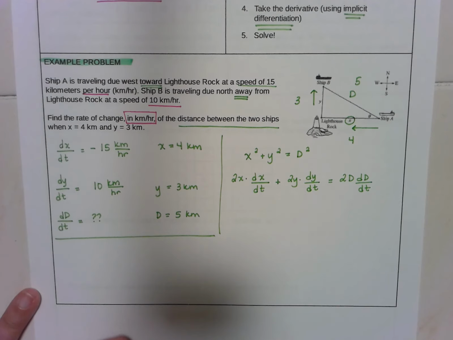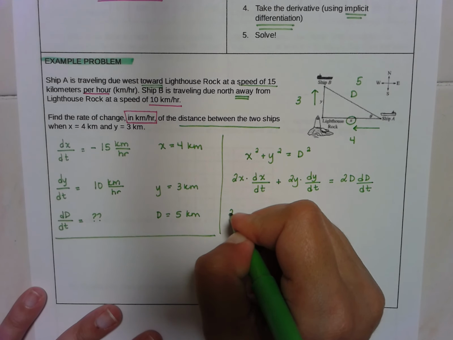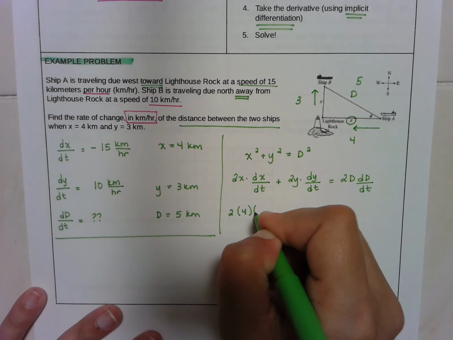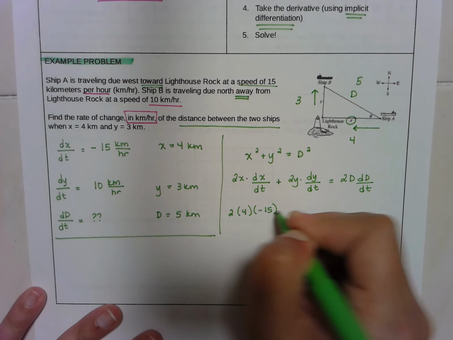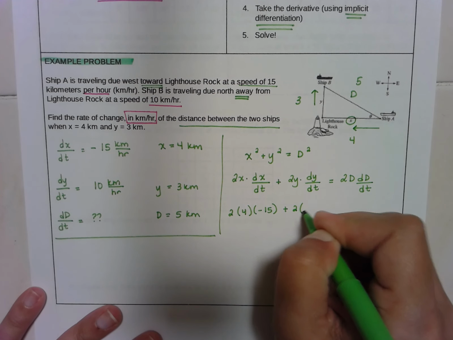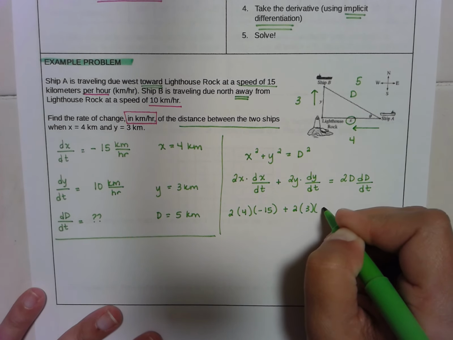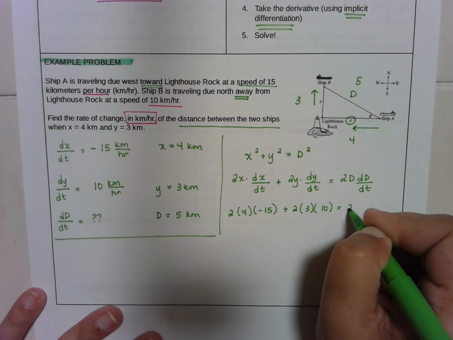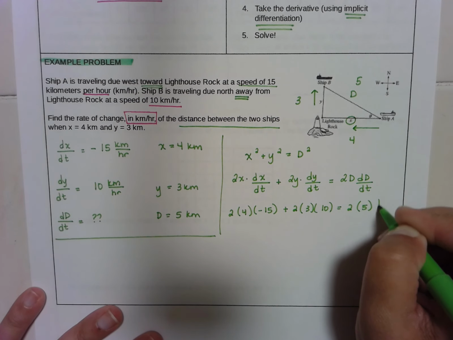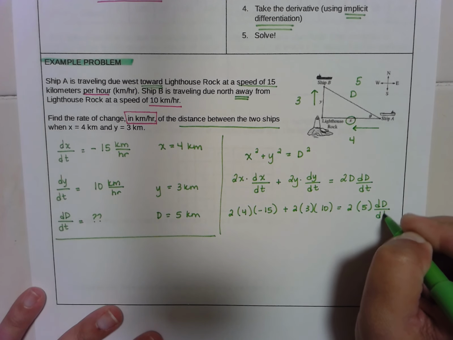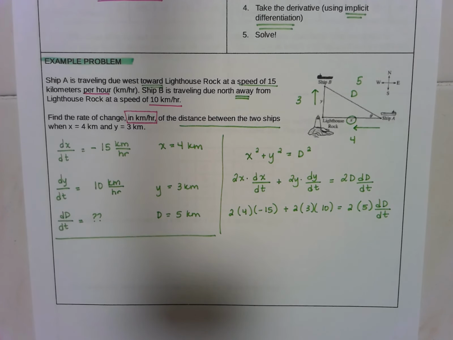Now from here, I'm just going to plug in my numbers. So I would have 2 times 4 times negative 15 plus 2 times 3 times 10 equals 2 times 5 times dd over dt. And you know you've done something right when the only thing left in your equation is the thing you were trying to find in the first place.